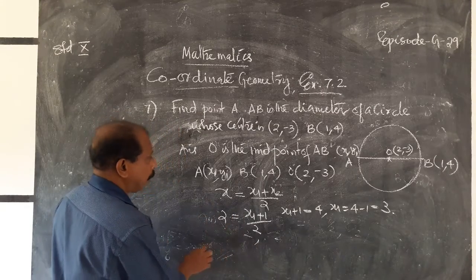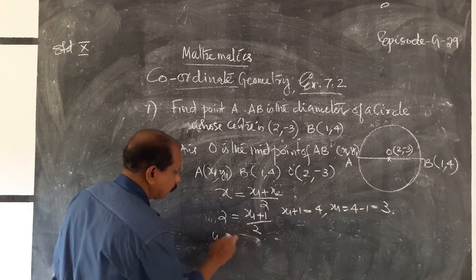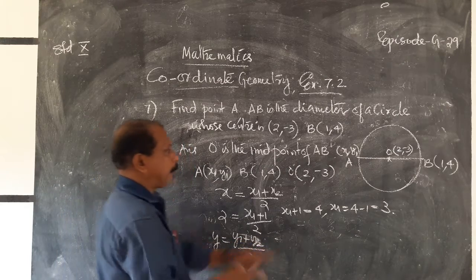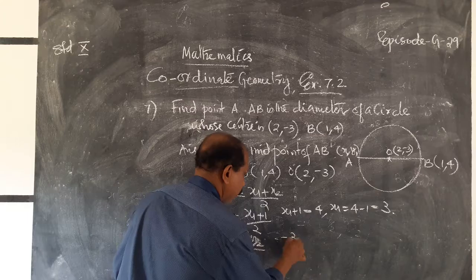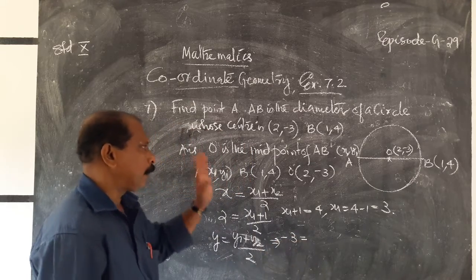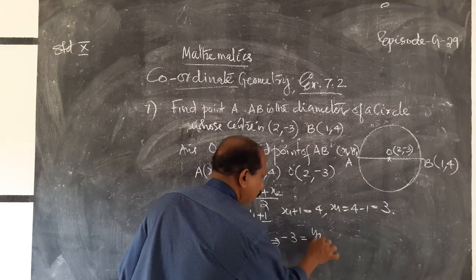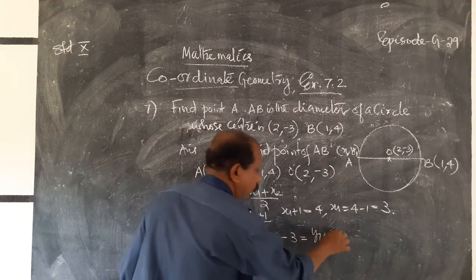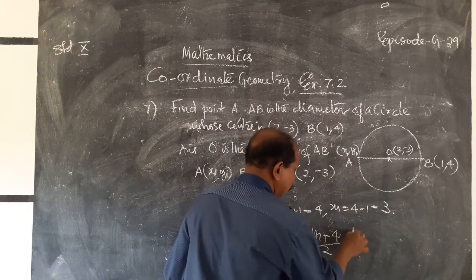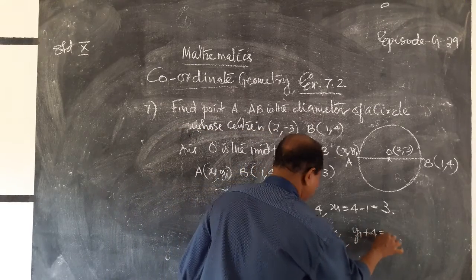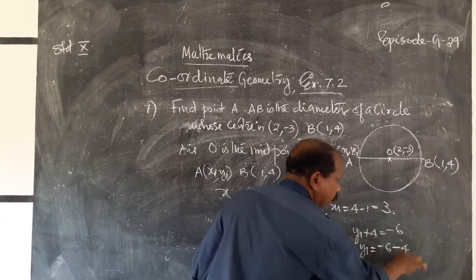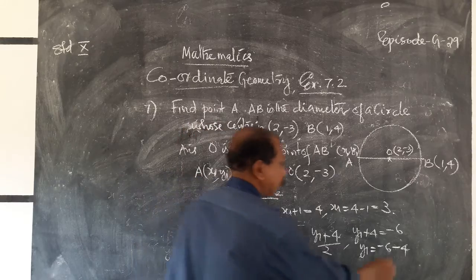Similarly, what is y equal to? y is equal to (y1 plus y2) by 2. y is replaced by minus 3, which implies minus 3 is equal to (y1 plus y2), that is 4, by 2. 2 into 3 is 6, so y1 plus 4 is equal to minus 6. Therefore, y1 is equal to minus 6 minus 4, which is minus 10.